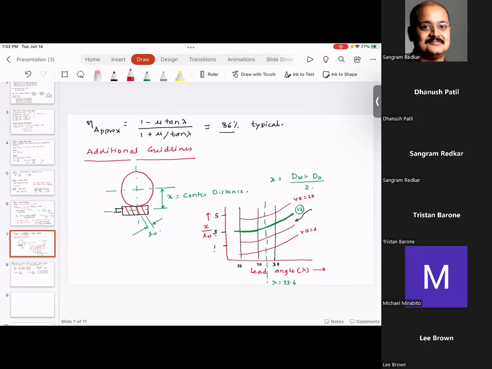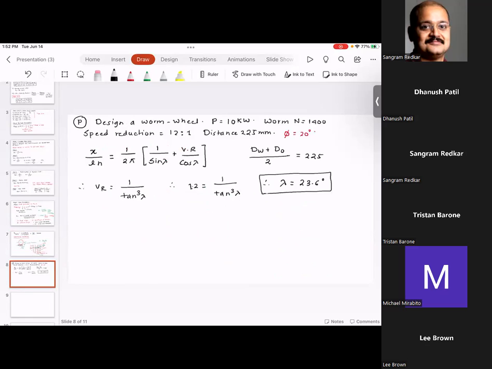And from here, you can find out the value of x divided by ln. So x divided by ln is equal to 2.5.